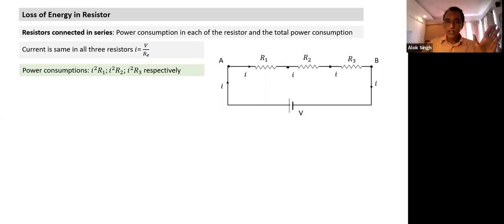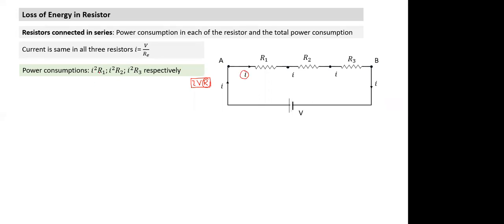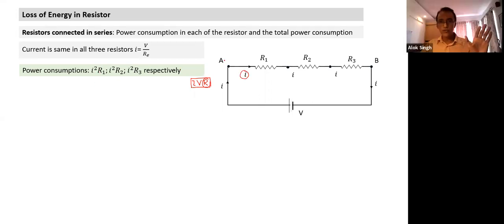If there are 3 terms involved, I, V, and R, and in a given situation any one of them is constant, make use of the term which is constant. In this particular case, I is constant for all 3 resistances. Same current is flowing, so power consumption in the first resistance is I square R1, then I square R2, I square R3. This makes it a little easier to understand.